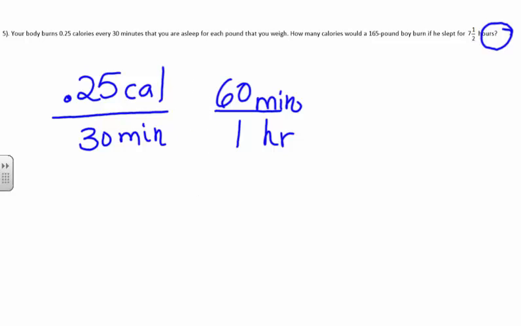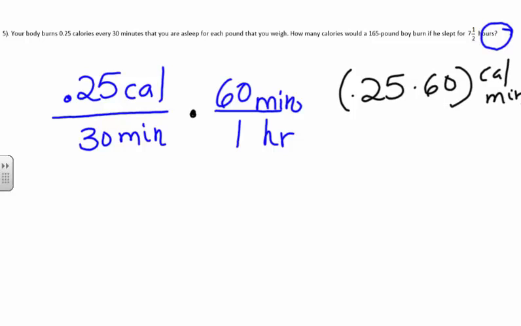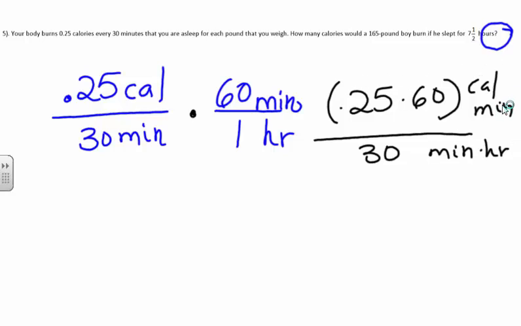We multiply across, so that gives us 0.25 times 60 calories over minutes divided by 30 minutes an hour. Because we have minutes in the numerator and the denominator, we can cancel those out. So now, after we multiply that out, this equals 15 over 30. And this is calories over hours.